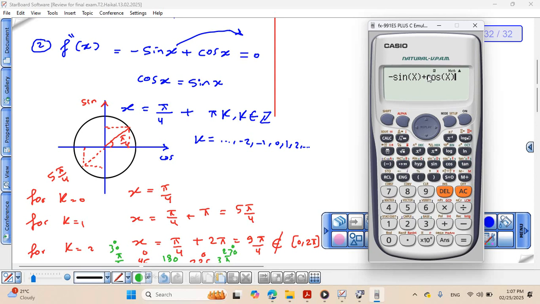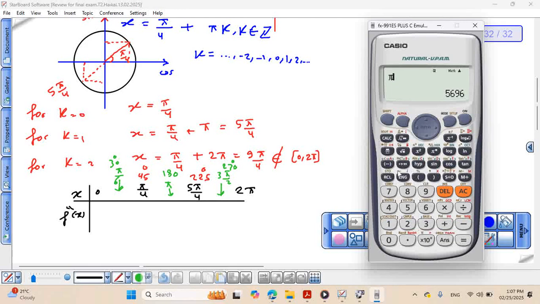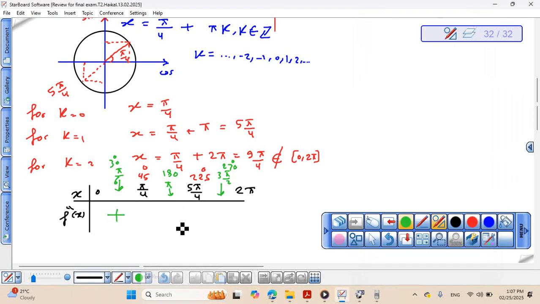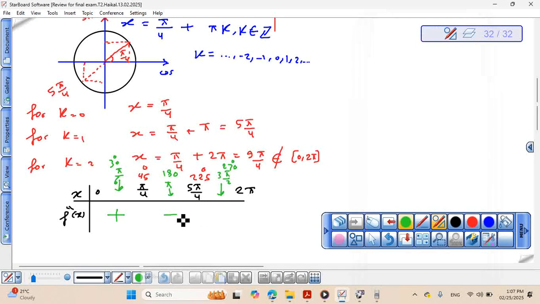Here, in radian mode, calculate at pi over 6. Is the answer positive or negative? Positive. Now calculate at pi, what is the answer? Negative. Also here, this is 0, and this is also 0.